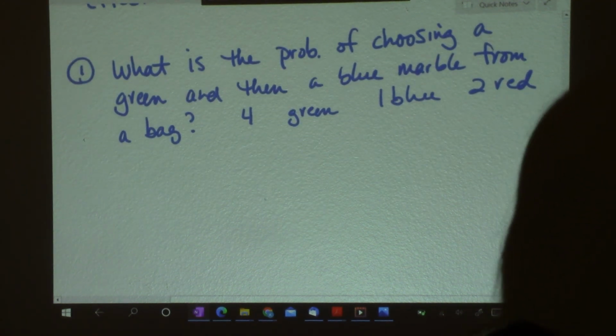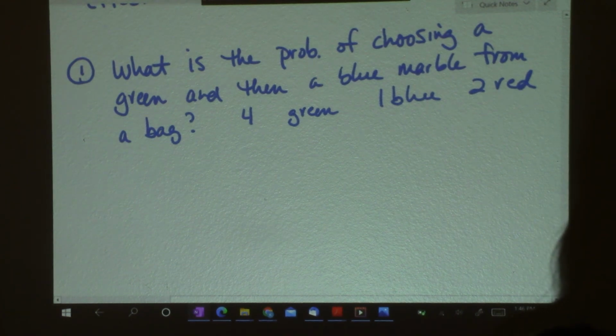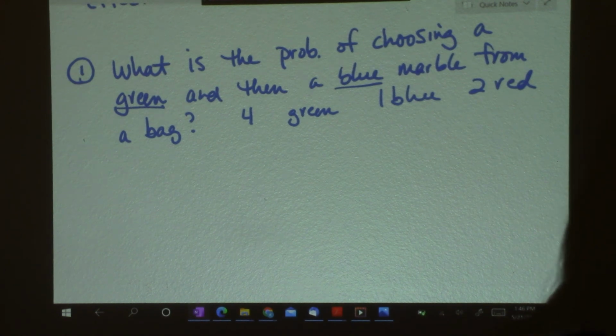Okay, now we can have, what's the answer? Well, it depends. We're going to have 2 events. This is compound. We're going to choose a green one, and then we're going to choose a blue one. The question is, do you put the first marble back? Okay, so we have independent events when we replace it.